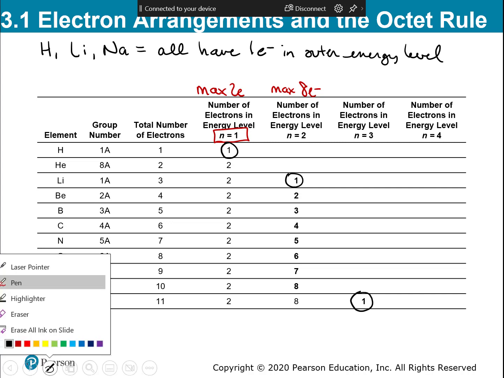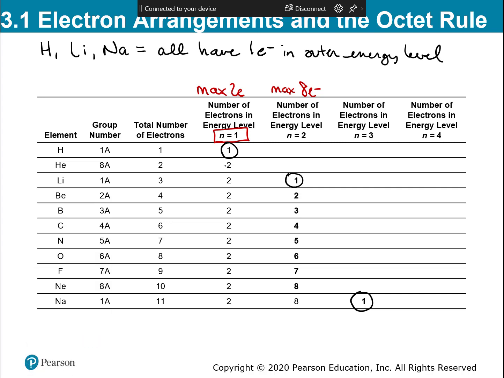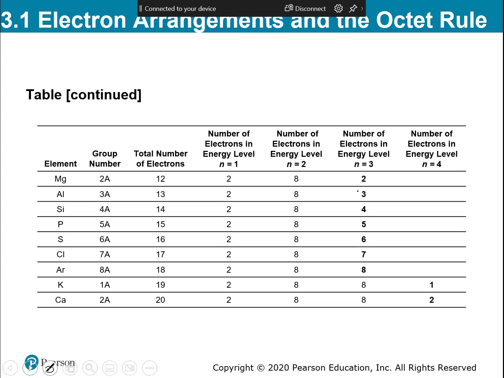In fact, by the flip, if we look at beryllium, and on the next page, magnesium and calcium, what do you see about them? So there's magnesium. So magnesium's got 2 in the third energy level. Calcium has 2 in the fourth energy level. Beryllium has 2 in the second energy level.